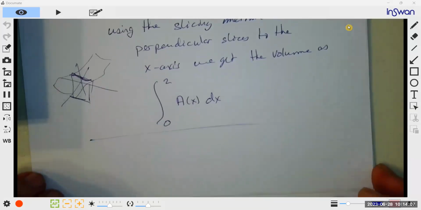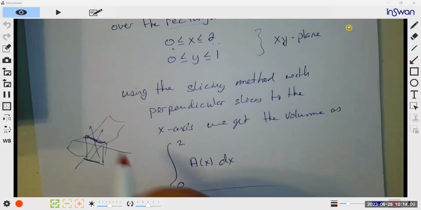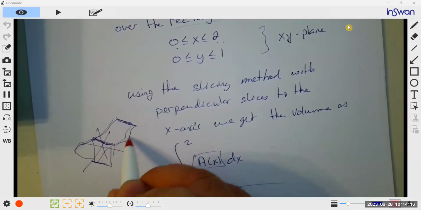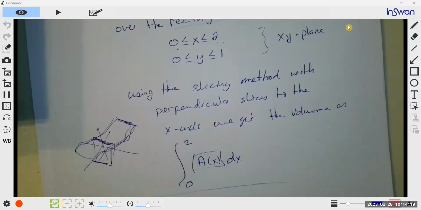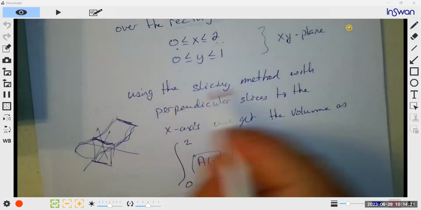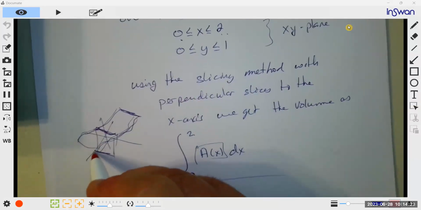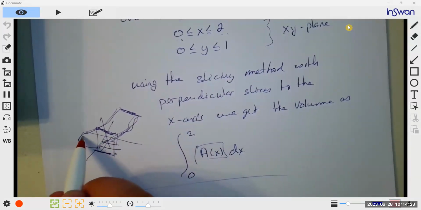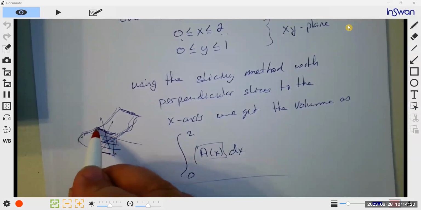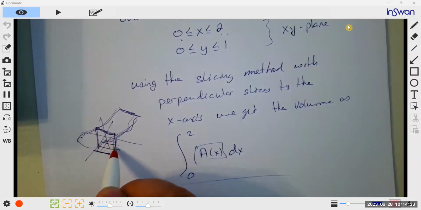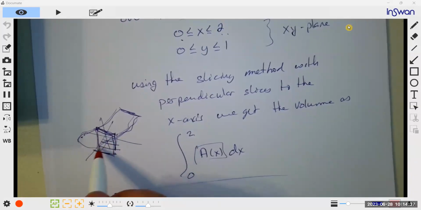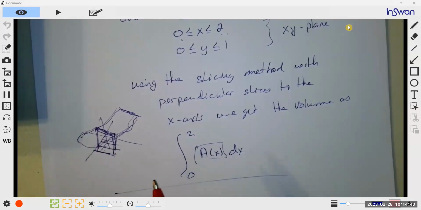Could you explain that graph again? Okay, yeah, what we're looking at here is we have the shape of our object in three-dimensional space. Since we're slicing it perpendicular to the x-axis, what we're looking for here is the area of each of these rectangles that are perpendicular to the x-axis.